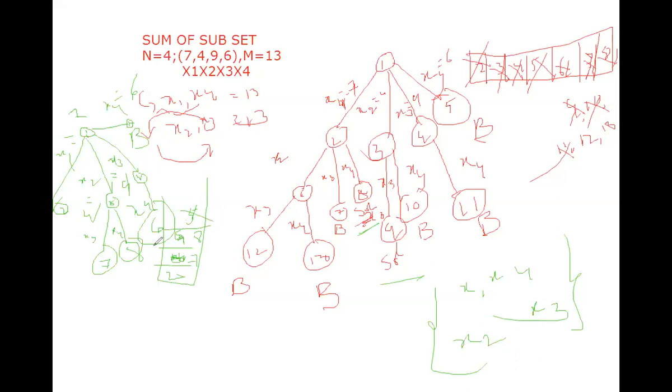Then we move to the 8th node. See here, in the 8th node, x2 is 9 and x4 is 6. So here a bounding function occurs. It exceeds the maximum size, so we cannot consider it. Remove it. Next we move to 7.